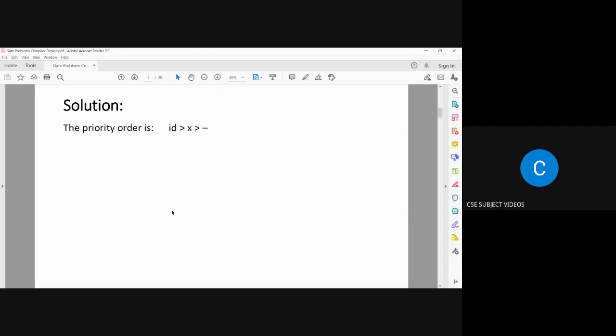Now, what type of data structure we are using in shift reduce parsing? Stack data structure we are using here, and then for holding the input strings, we are using input buffer. Okay, what is stack? Stack is required to hold the grammar symbols. Input buffer is required to hold the string to be parsed.